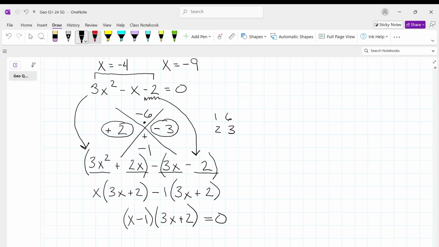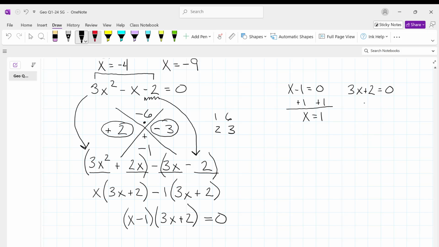So now you set each factor equal to 0. So x minus 1 is equal to 0, and 3x plus 2 is equal to 0. Solve for each factor. So add 1 to each side here. We get an x equal to 1.